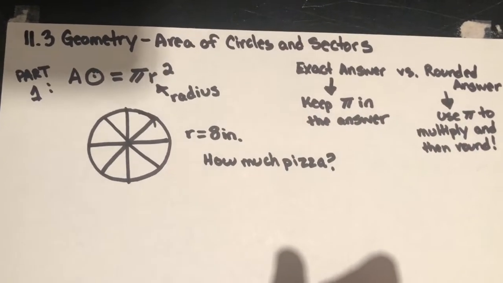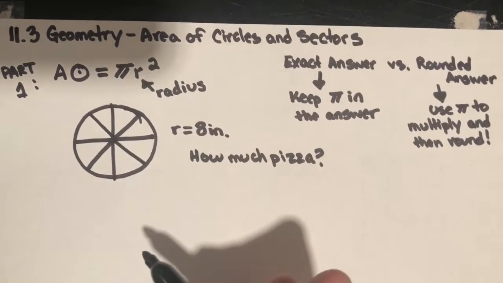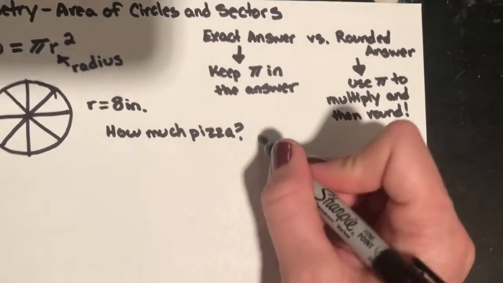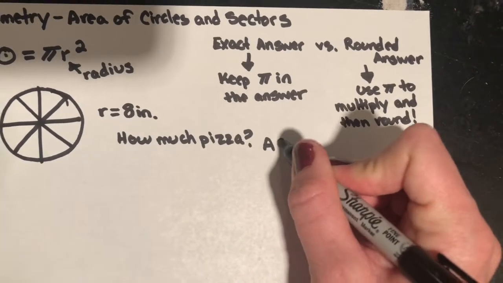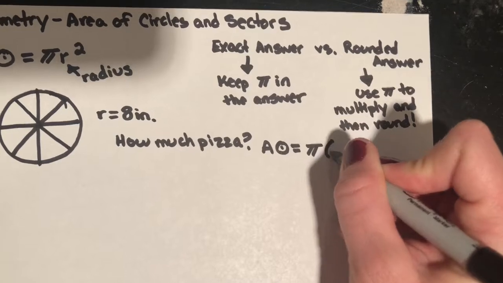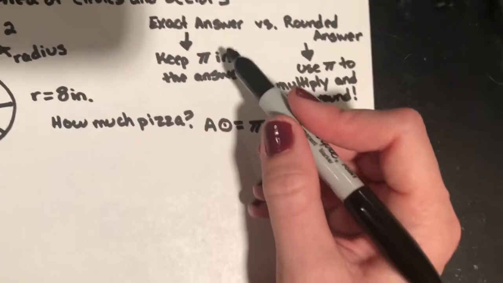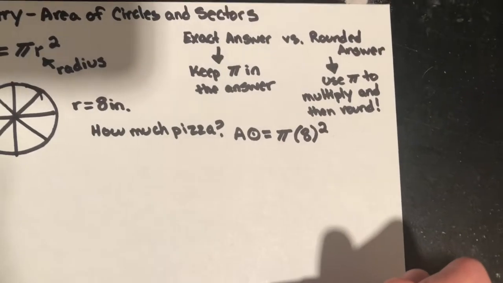All right, well, I have my formula. If I ate this entire pizza, I ate the entire area of the pizza. That means my area of the circle would equal pi times r squared. So if I wanted an exact answer, that would be 64 pi.